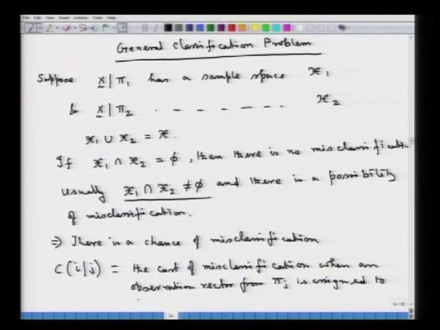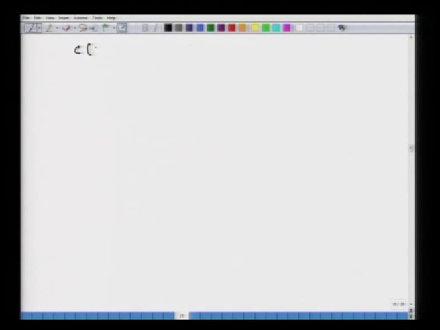Now, since this Cij is the cost of misclassifying an object coming from pi j into the pi i population, if we look at Cii, there is actually no cost of misclassification, because the object is coming from i and is being classified by the classifier into the ith population, and hence we will have C11, that is, no misclassification, equal to C22, which is going to be equal to 0.